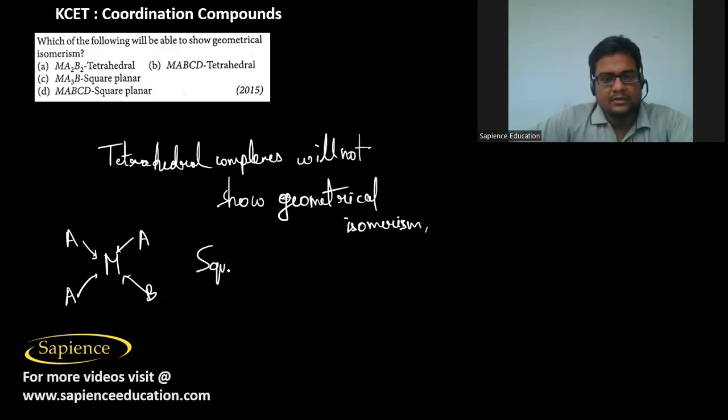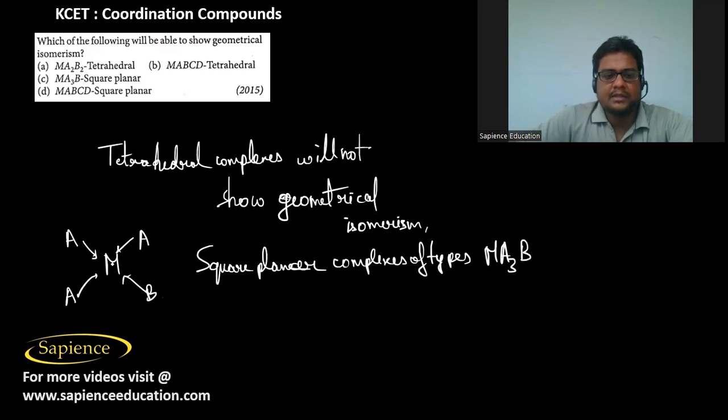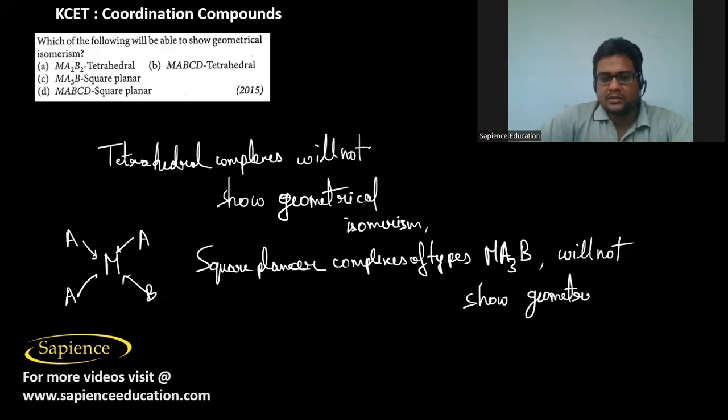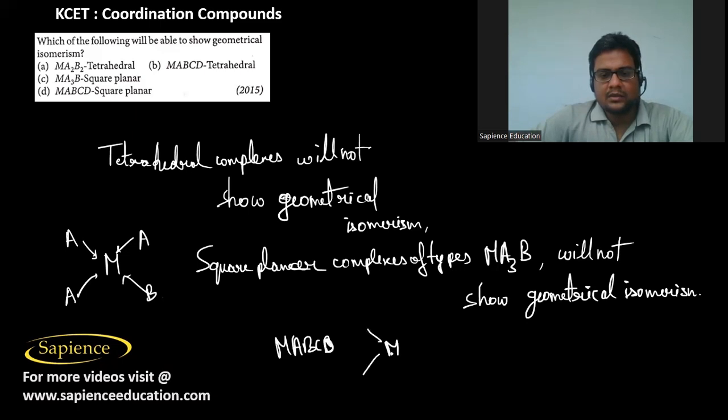So the rule is that square planar metallic complexes of the type Ma3b, they have three ligands same. So here these types will not show geometrical isomerism. But MABCD will obviously show, since here all four ligands are different.